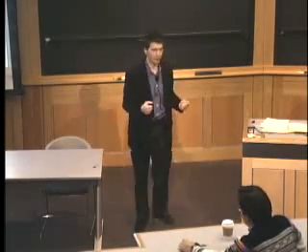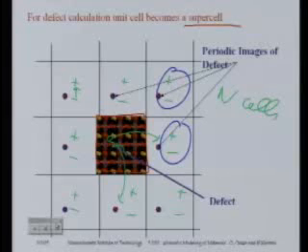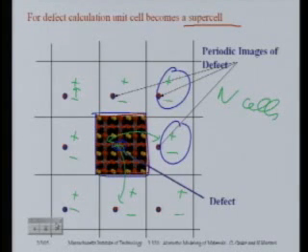Another way they often interact, which is very indirect: if you put in your defect and you relax the volume of the supercell, then that will interfere with the relaxation of the supercell next to it. So you get an extra energy term just through the homogeneous strain interaction. So these are all things to consider when you do supercell calculations.